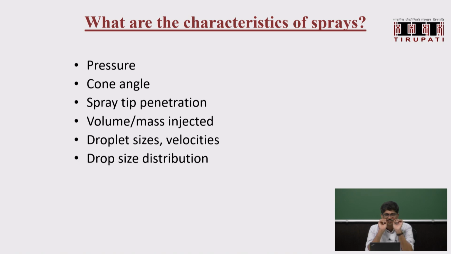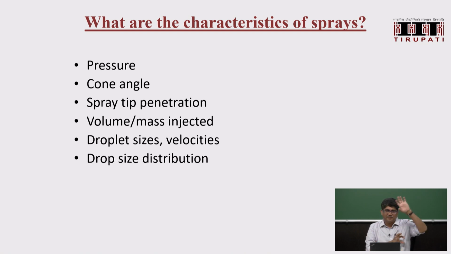So there will be a distribution, you have the minimum drop, the maximum drop size, and in between you will have a different distribution. There are different ways to represent these distributions, right? And then the velocities, not only the size but also, depending on the pressure, how fast these drops are traveling. So that is also part of the drop size distribution.